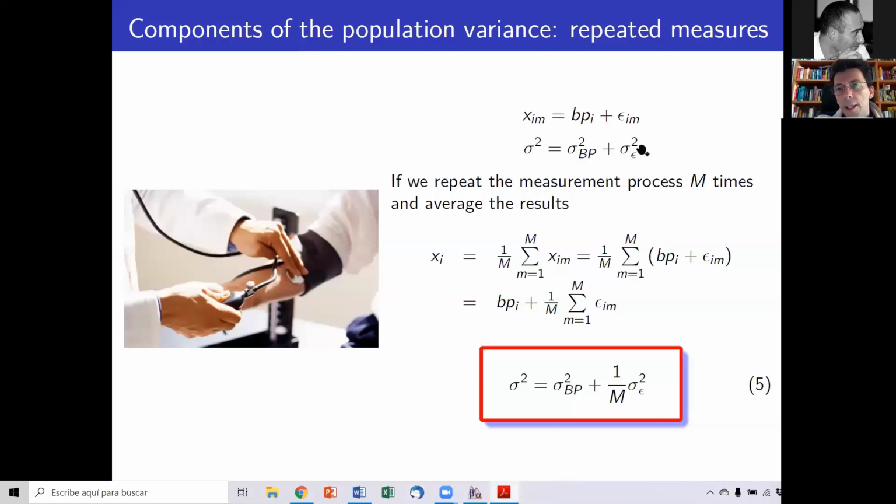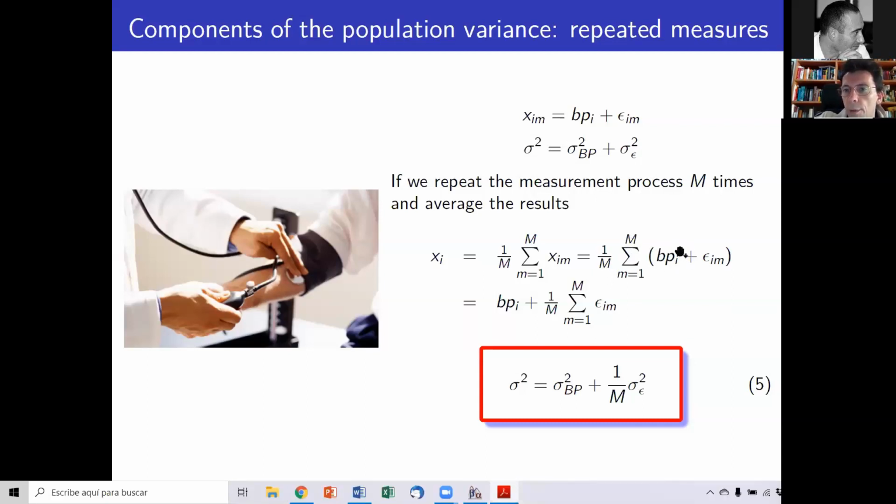So let's say that instead of measuring the blood pressure once, I measure the blood pressure a few times. And then I average all my observations. Let's say that I take M measurements of the same individual.